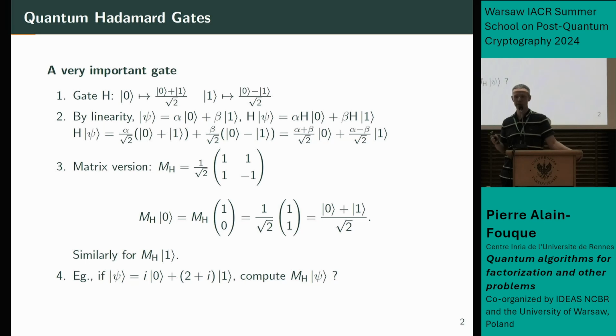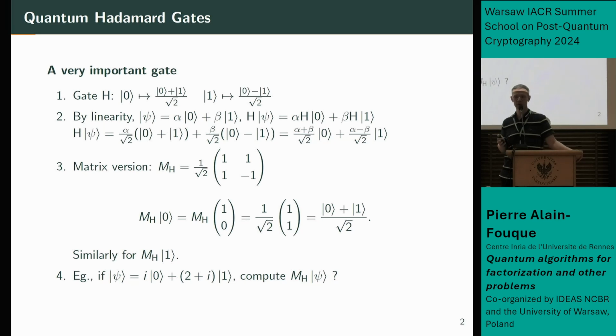And so you will get, in fact, the first column of the matrix, and this is exactly what you expect. Similarly for ket 1, if you apply this matrix to the vector (0, 1), you will get the second column of the matrix.